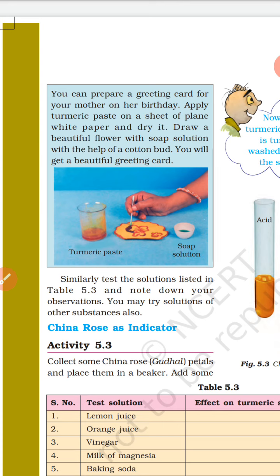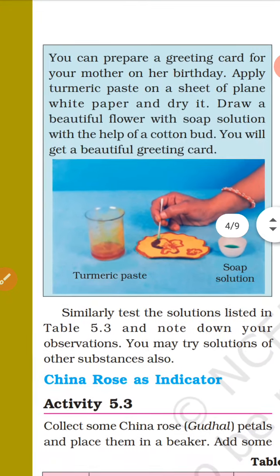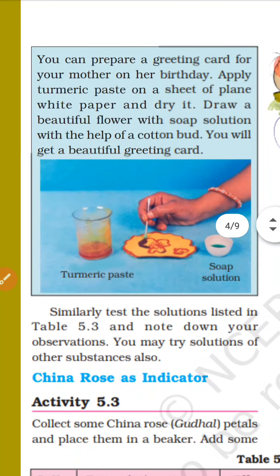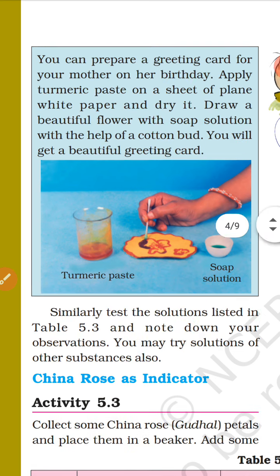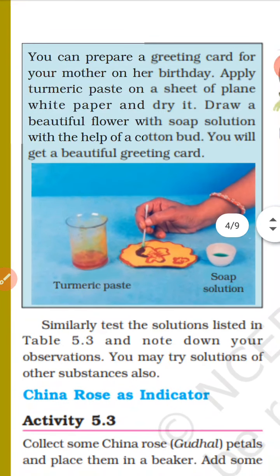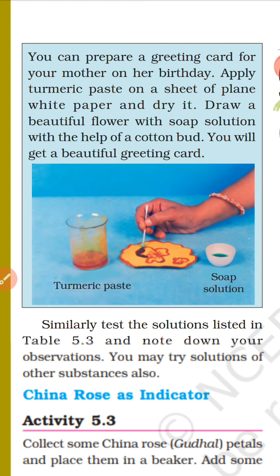You will get a beautiful greeting card. See, you can try this at any birthday. It is not compulsory that you make this greeting card for your mother. You can do it for your father or your brother, whatever is your wish. It's easy and it will be very fun to make a greeting card by this process, students.